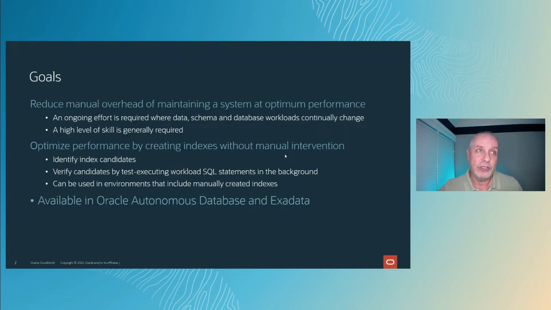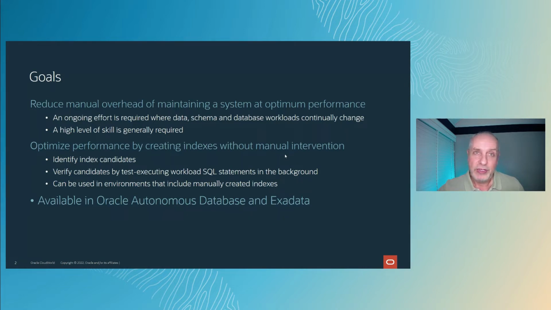So first of all, the goals of automatic indexing. The key point of this is to reduce the manual overhead of maintaining a system at optimum performance over time. Generally speaking, a database requires a degree of ongoing effort because things change over time, like data.